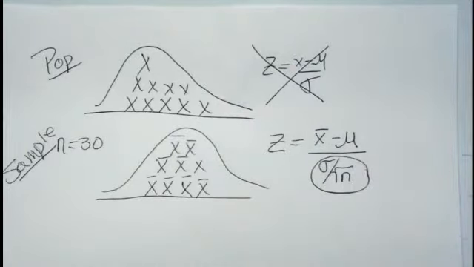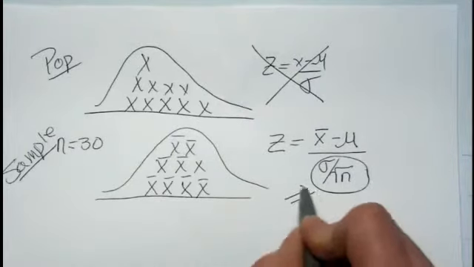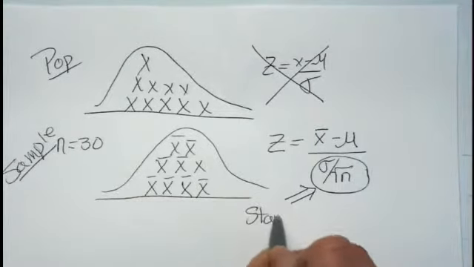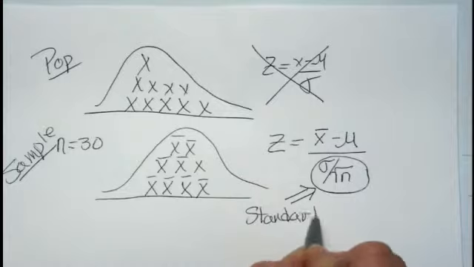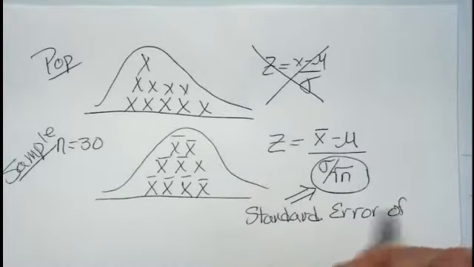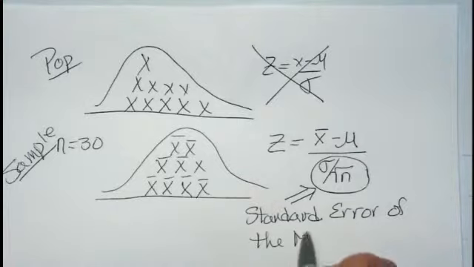This is very important. It's so important it has its own name. It's called the standard error of the mean. We're talking about mean data.